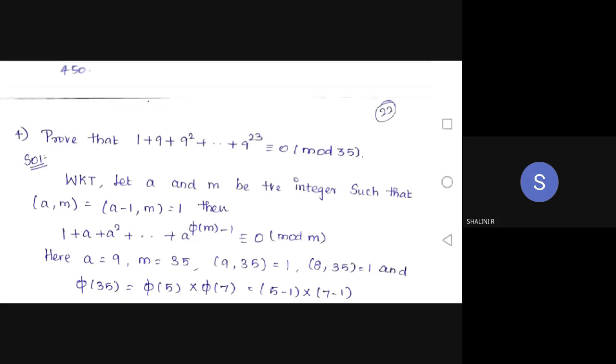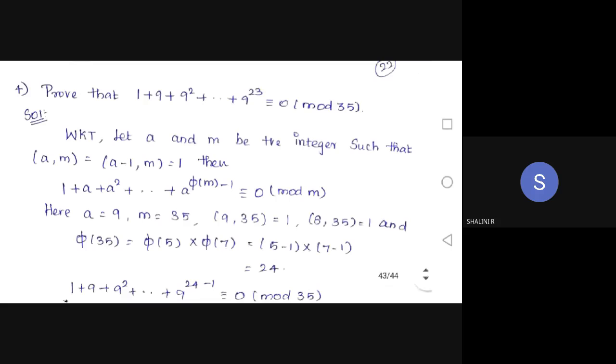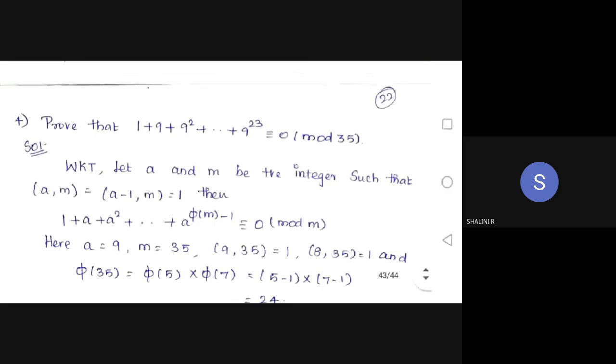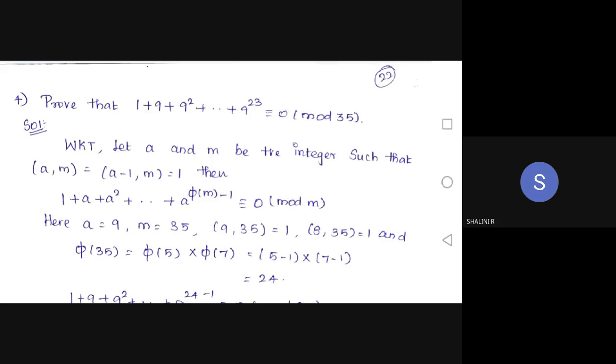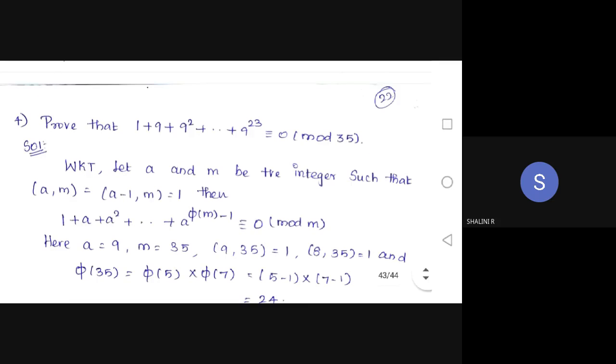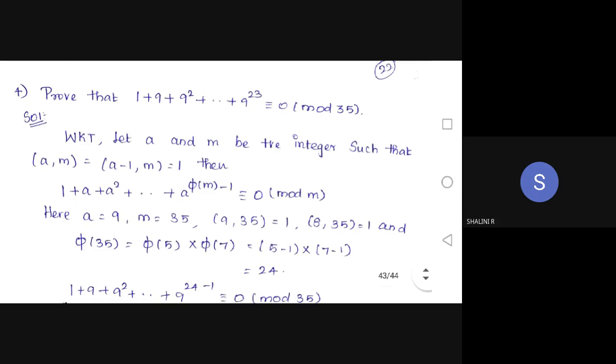Now find phi of 35. 35 is 5 times 7, and phi is a multiplicative function, so phi of 5 into phi of 7. Phi of 5 is 5 minus 1, phi of 7 is 7 minus 1, so 4 times 6 is 24. So phi of 35 is equal to 24.